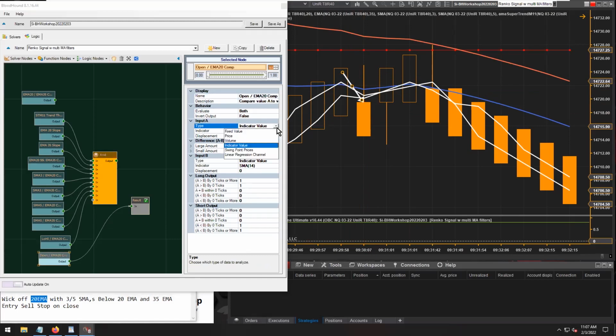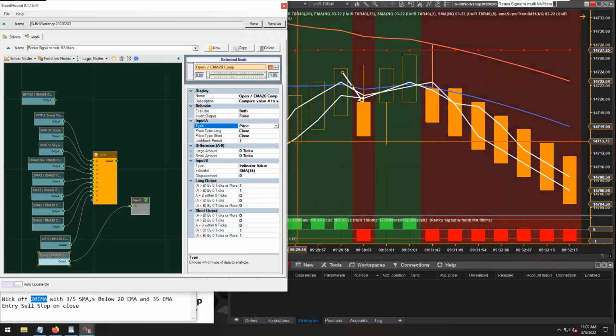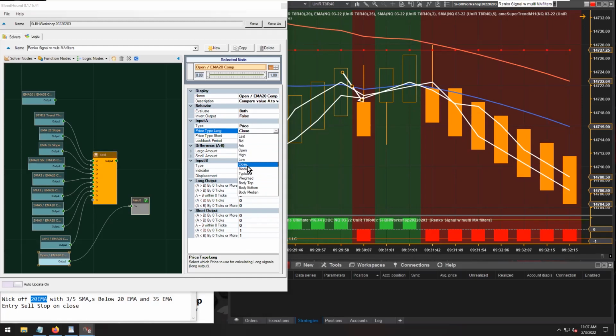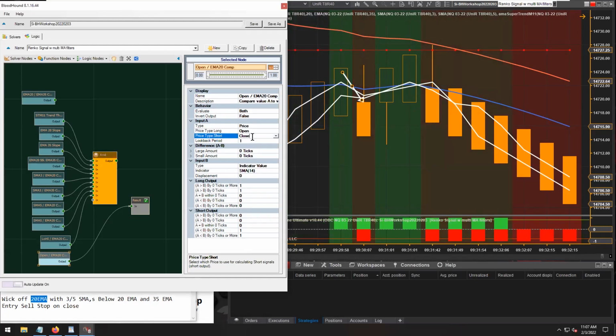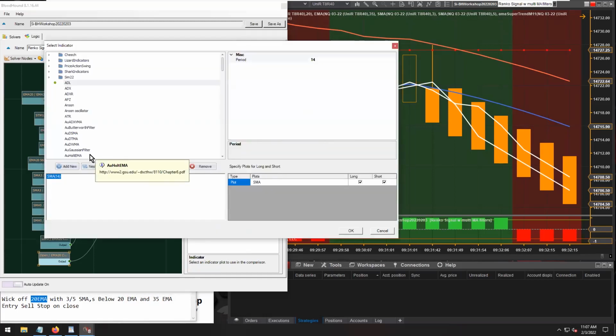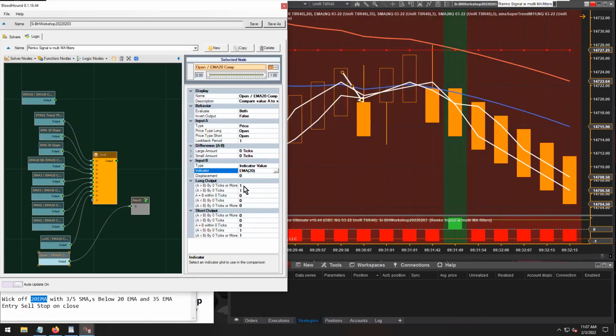So it's simply a matter of defining what is the wick of a bar. For input A, these are all going to be the open price. And then input B will be our EMA 20. We can just use the default outputs here.